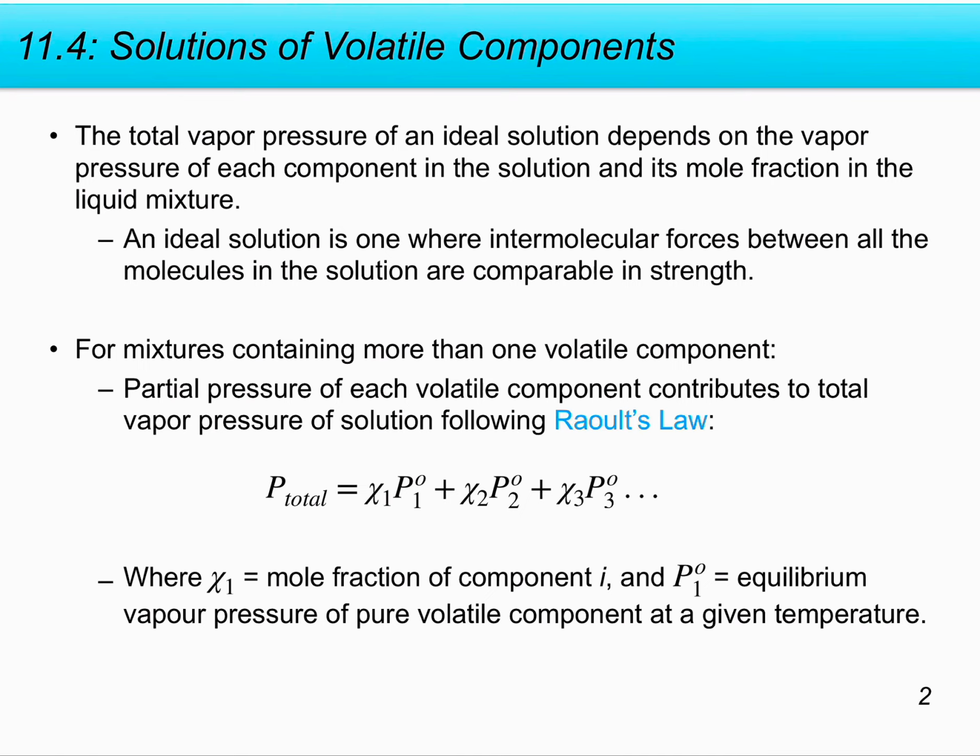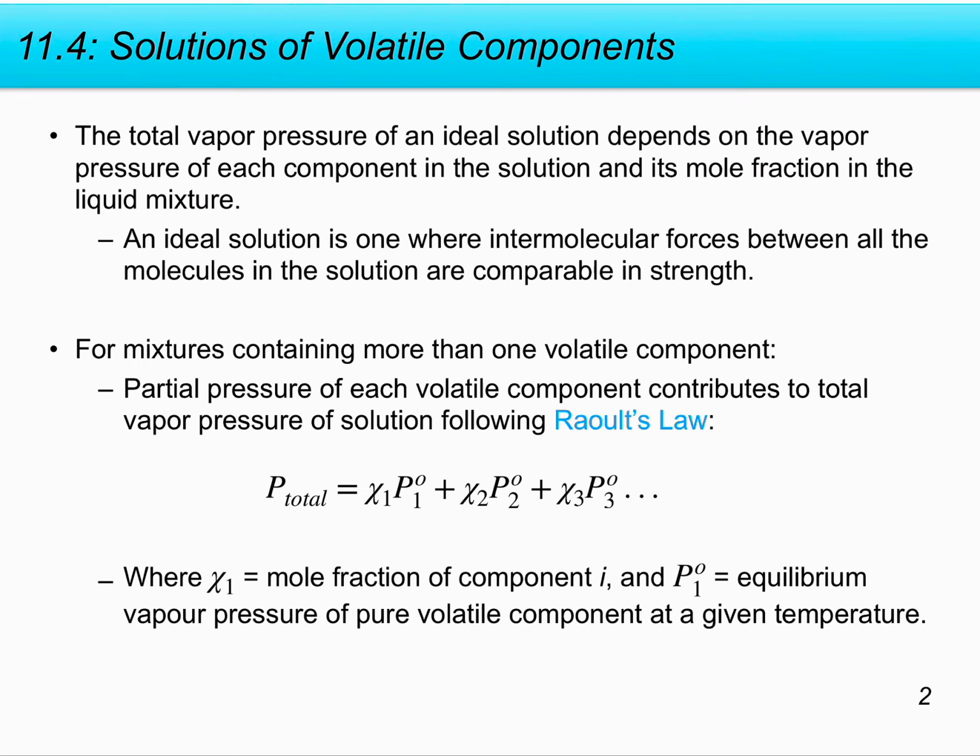And the more volatile the substance is, the more vapor pressure that it has. So the total vapor pressure of what is called an ideal solution, a solution again being a mixture of two components, and in this case we're talking about two volatile liquids, depends on the vapor pressures of each of those two components in the solution.